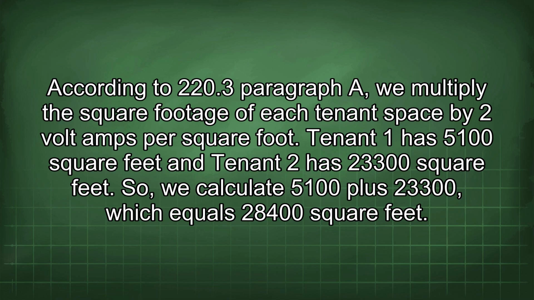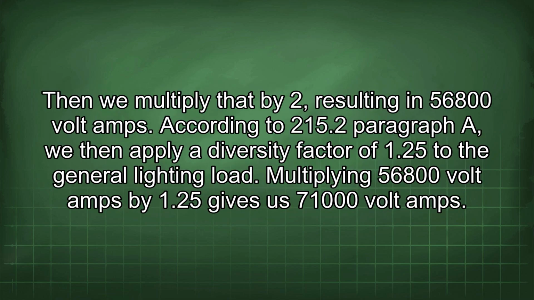Tenant 1 has 5,100 square feet and tenant 2 has 23,300 square feet. So, we calculate 5,100 plus 23,300, which equals 28,400 square feet. Then we multiply that by 2, resulting in 56,800 volt-amps.